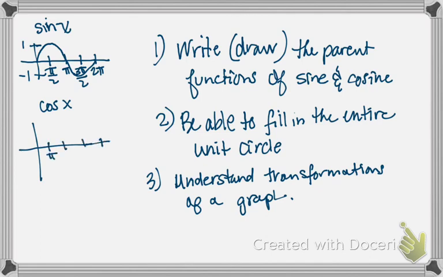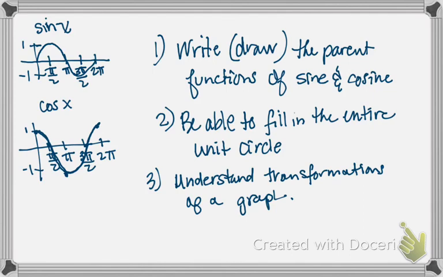So this is pi over 2, pi, 3 pi over 2, 2 pi. 1 and -1. And by the way, if you're struggling with graphing, get some help. If you're trying to do this when I'm not there, go see a tutor. And then when I get back, I can help you. So those are the two parent functions. Make sure you know how to draw them and understand them.